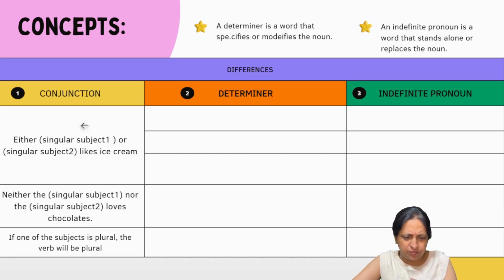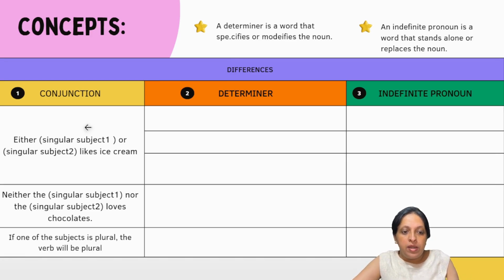So in this case, if you want to say either he or she likes ice cream, both are singular subjects. We are talking about both of them, but individually, therefore it becomes likes ice cream. Likes is a singular verb. I hope you all know that any verb, when you add an S to it, becomes singular. If there is no S to it, then the verb is a plural verb.